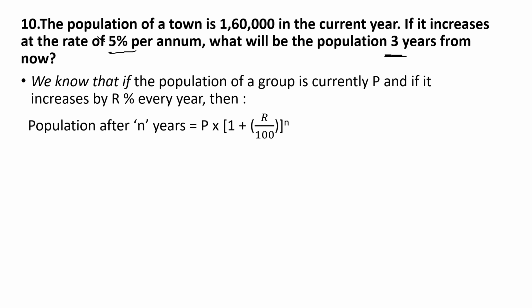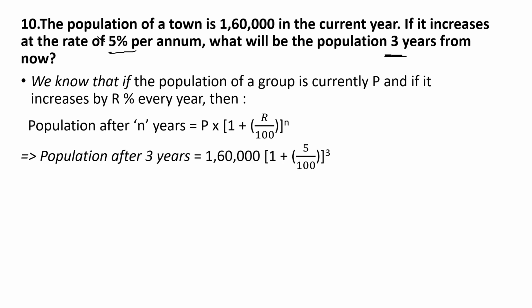Now substitute the values here. P is 1,60,000. After n years, n is 3 here, so the whole to the power 3. Rate is 5, so this will be 1 plus 0.05, so 1.05 whole to the power 3. 1.05 whole to the power 3 is 1.157625.